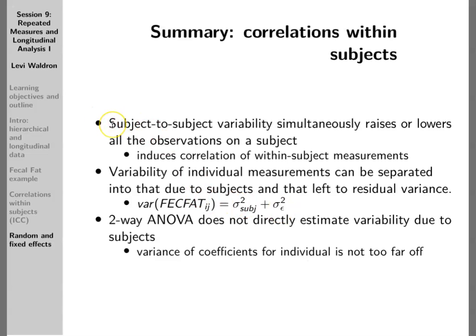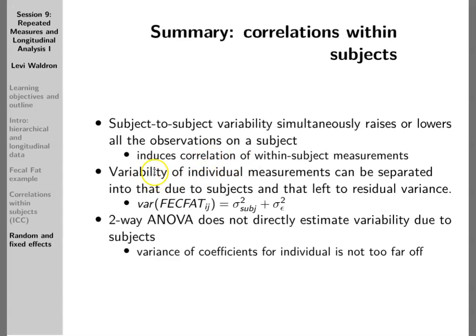To summarize, subject-to-subject variability, that is when we have multiple measurements for each subject, simultaneously raises or lowers all the observations on that subject, and that induces a correlation on those within subject measurements because they are varying up and down together.